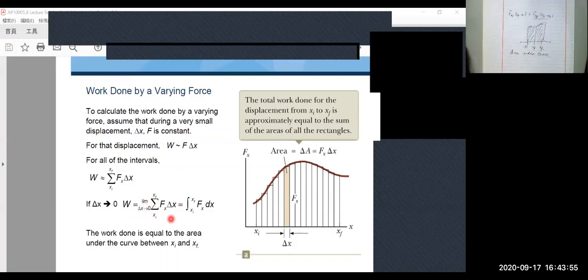You could see the similarity between the two equations. Fx here, delta x is replaced by dx. You could consider it as changing from a finite width delta x into an infinitely small width dx. And this is the sum of individual terms.